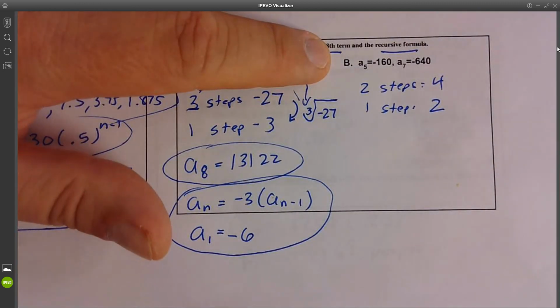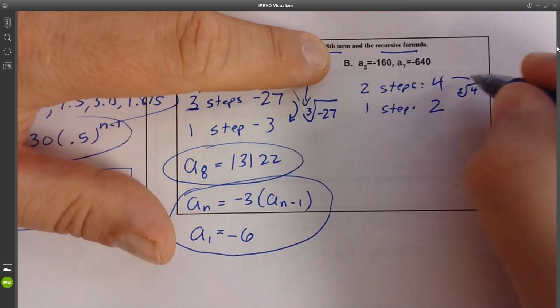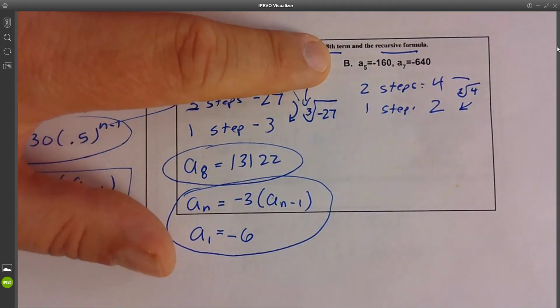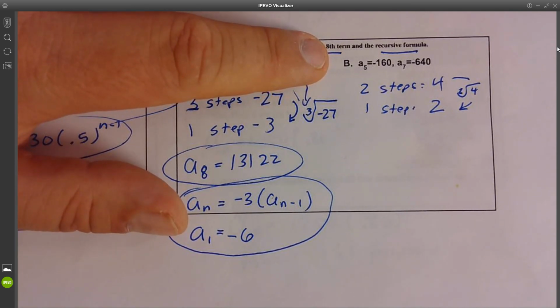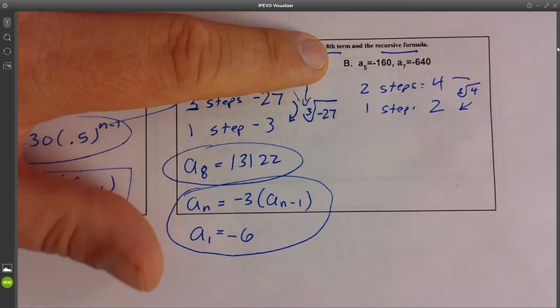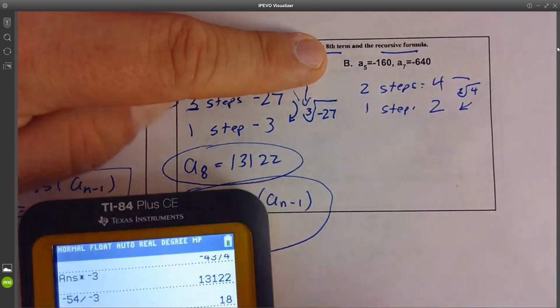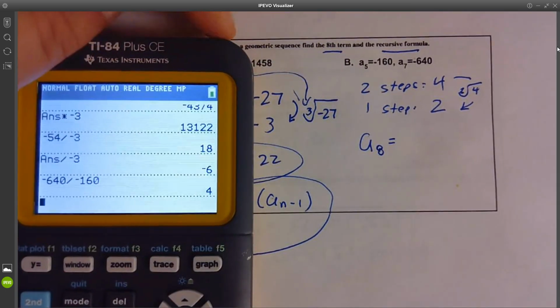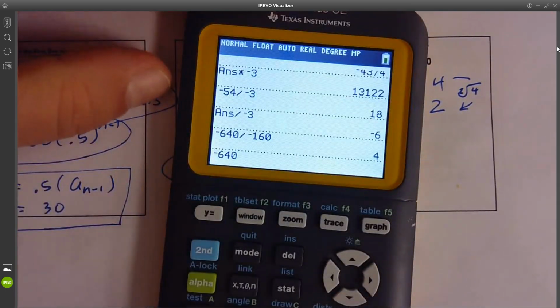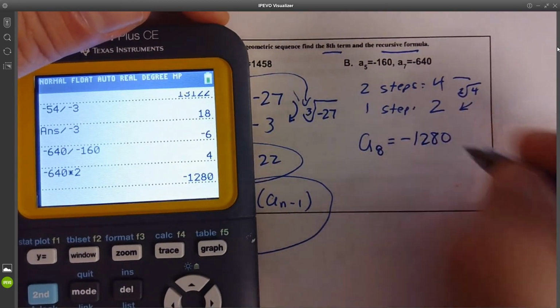And you could have done the square root of 4 to get that. So then that means we're at the 7th one. I can figure out my a sub 8 pretty easily. So negative 640 times 2 is negative 1,280.